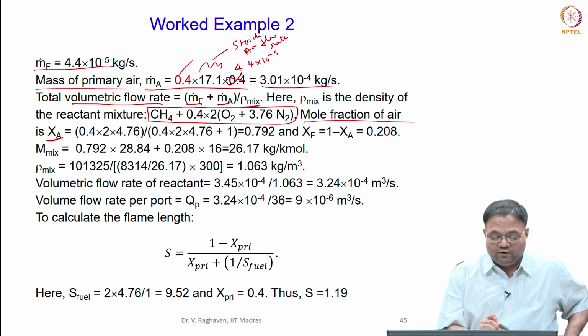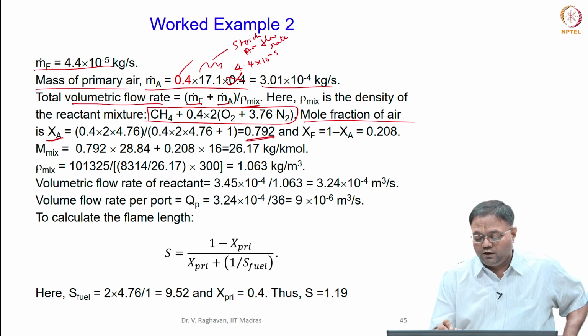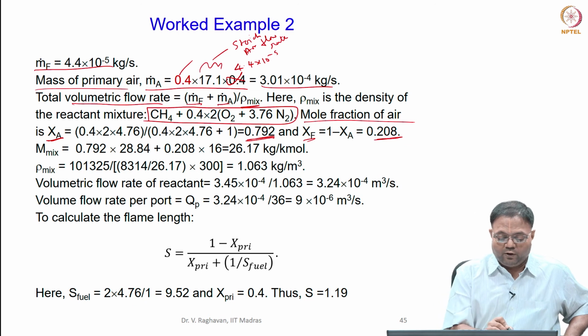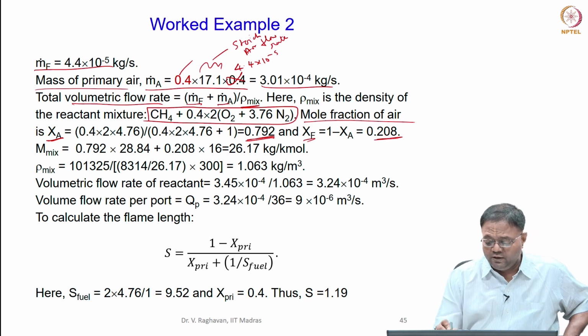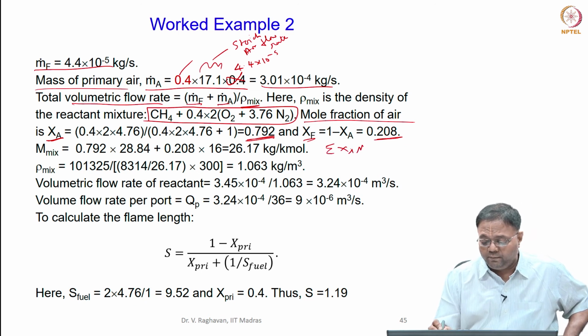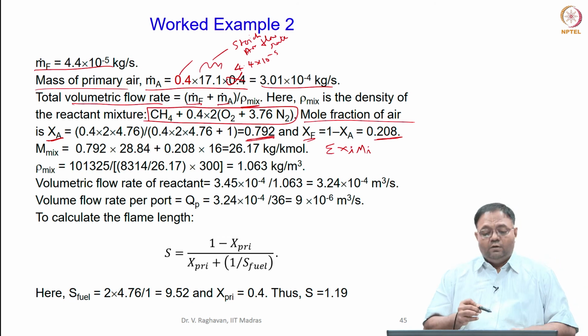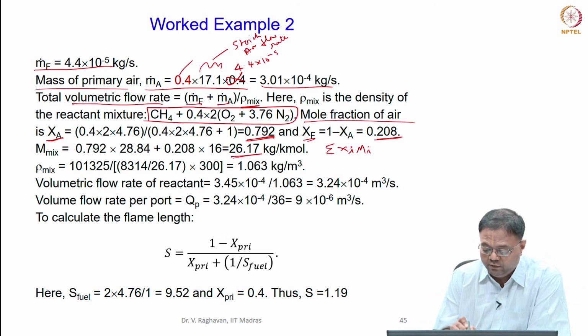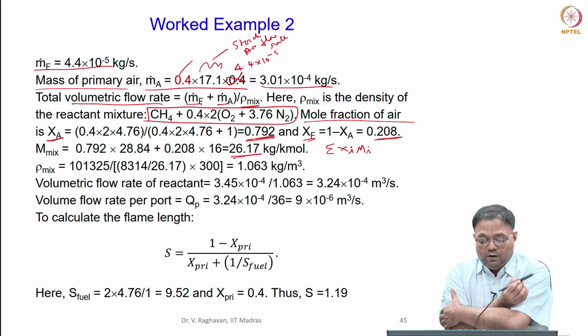So the mole fraction of air is 0.792 and that of the fuel is 0.208. Now calculate the molecular weight of the mixture as sigma xi mi, which gives 26.17 kilogram per kilomole.